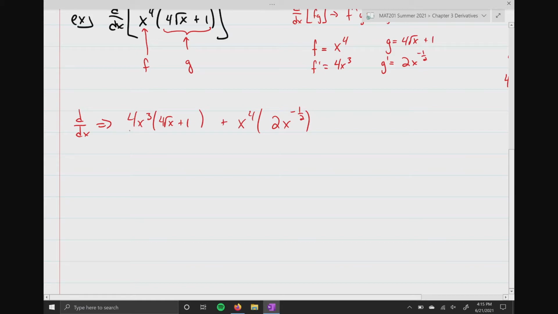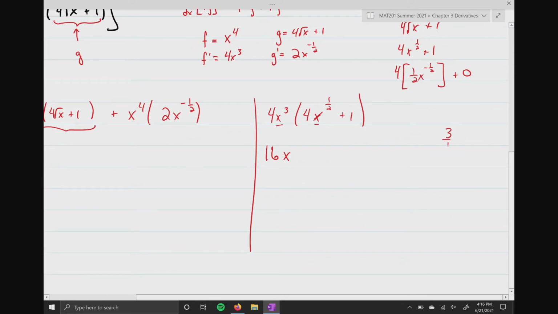So this first part I'll do over here on the right hand side. We have 4x to the third times 4x to the 1/2 plus 1. Now the reason why I converted the square root of x to x to the 1/2 is because when I go ahead and distribute, I'm going to get 16 x to the, now you got to be careful because when the bases are the same, you add the exponents together.